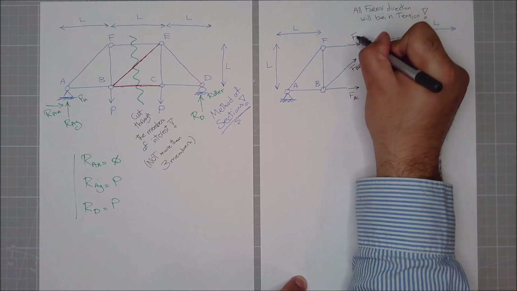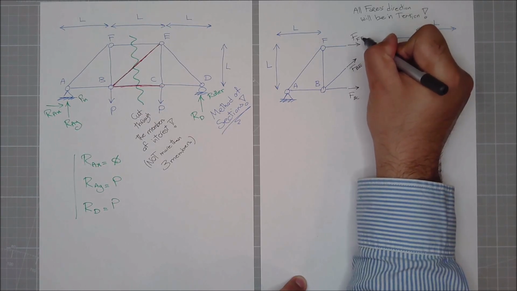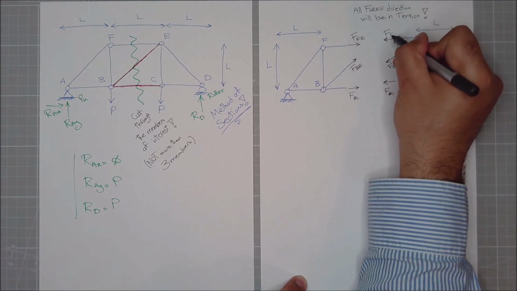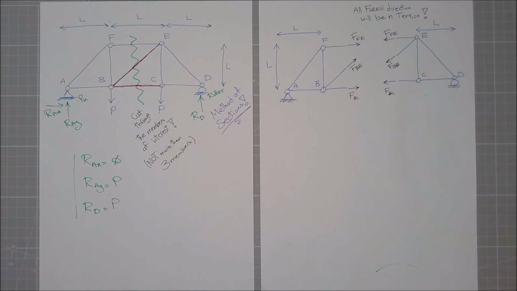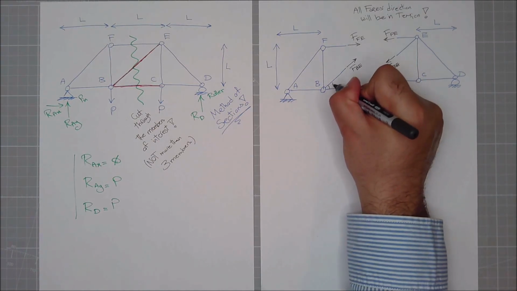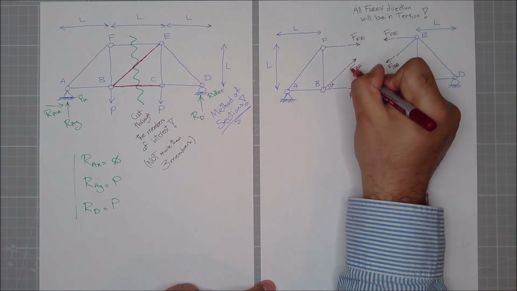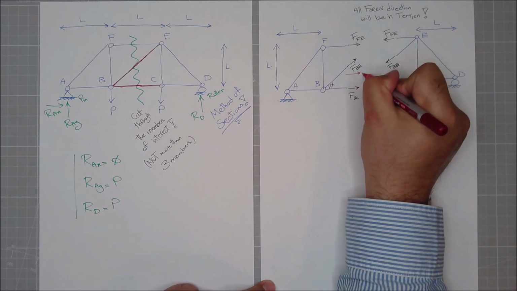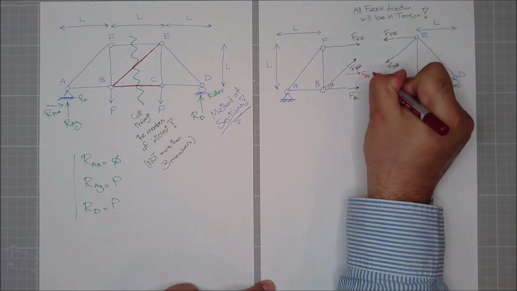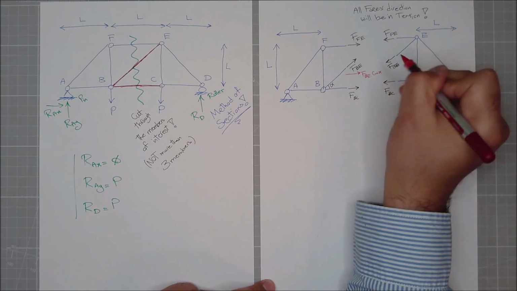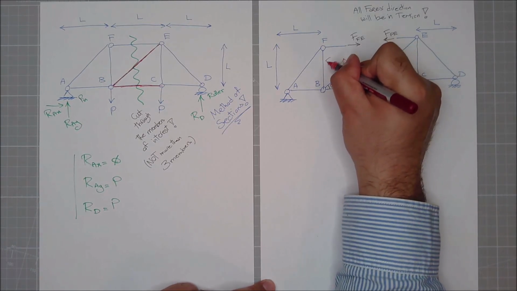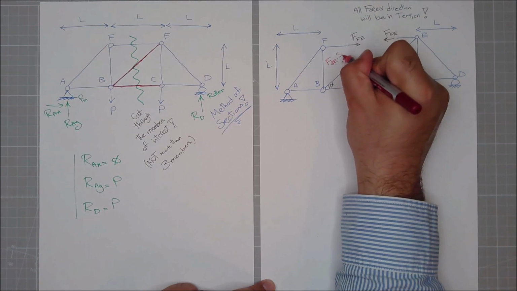And then FFE. So the same thing happens here as well. Let's say if this is alpha, I can even write the components of this guy. This will be FBE cosine of alpha, and this will be FBE sine of alpha.